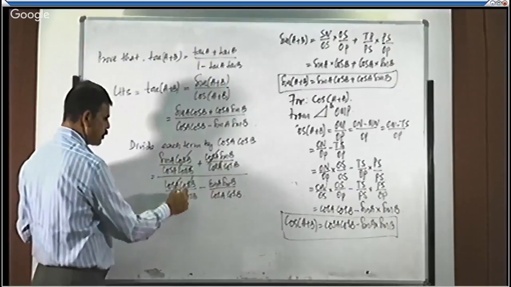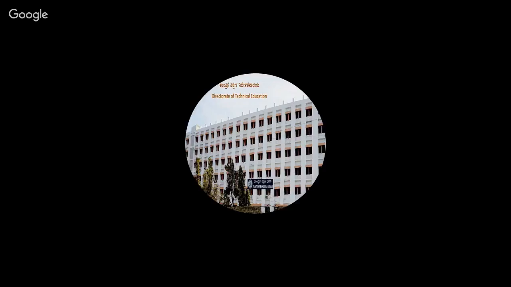Here that is equal to tan A, we remaining is 1, tan B.